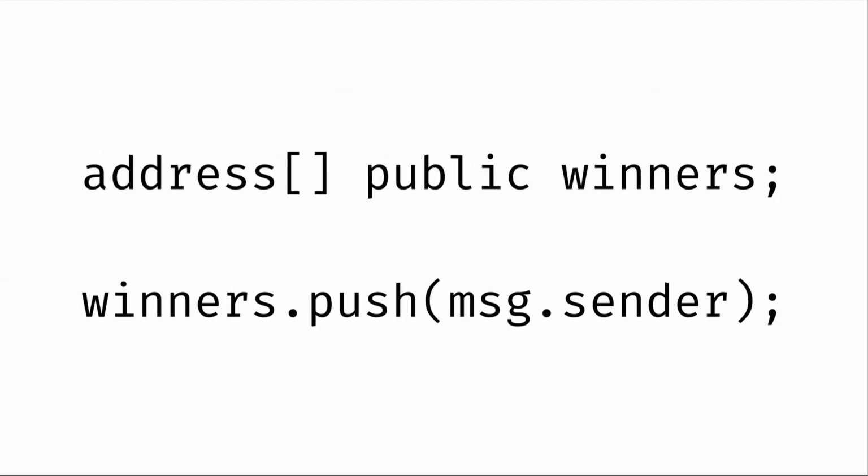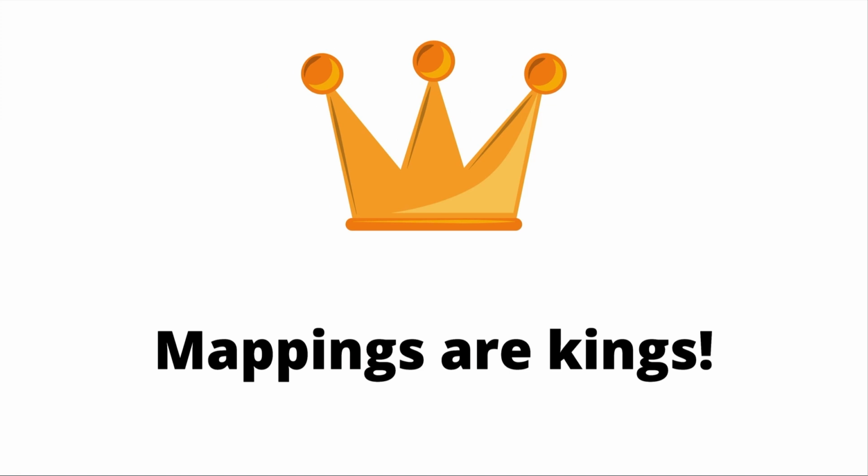So now we could, for example, push all the winners of our lottery onto an address state array using push. This is very simple, but ask yourself, why do you want to store this in an array? Because remember, mappings are kings.